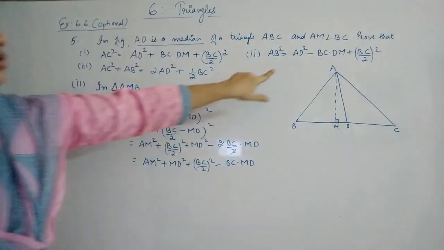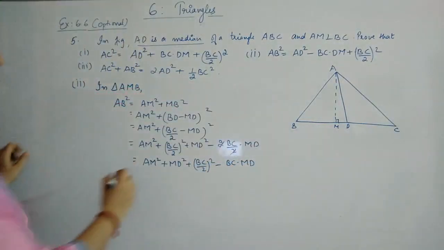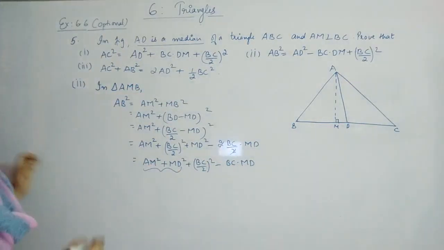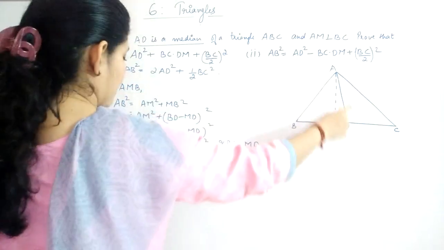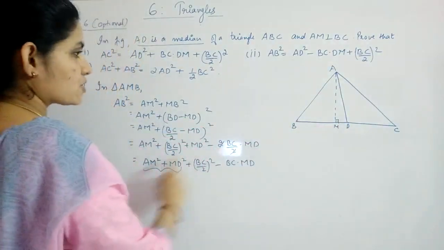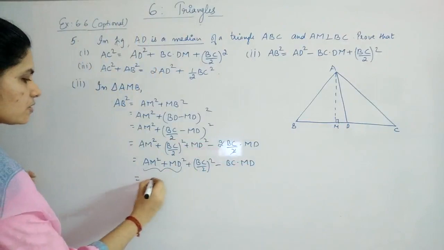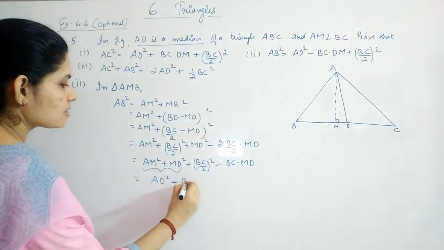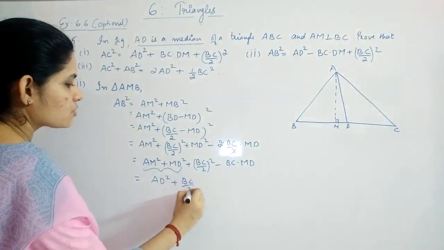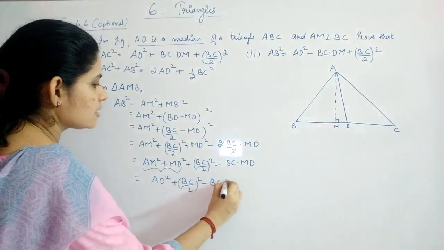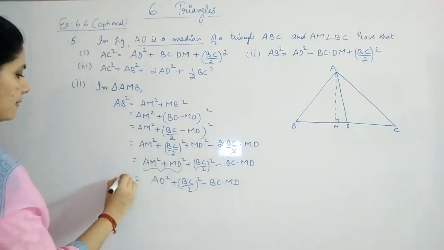Again, in your answer you should get AD. So we are replacing these two. Go for the triangle AMD. You will get AM square plus MD square is equal to AD square. So this is equal to AD square plus BC by 2 the whole square minus BC into MD.